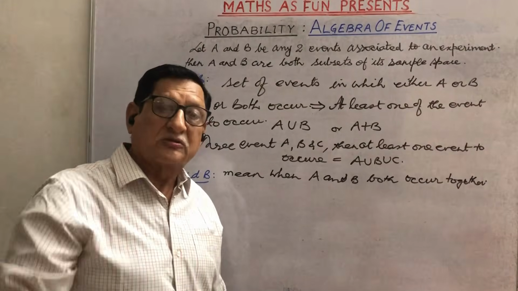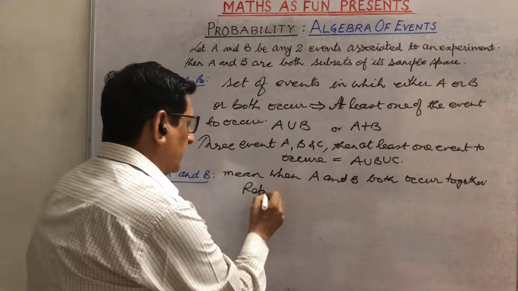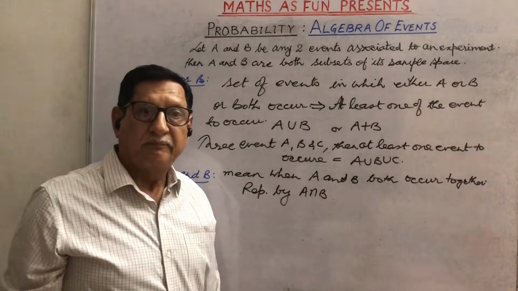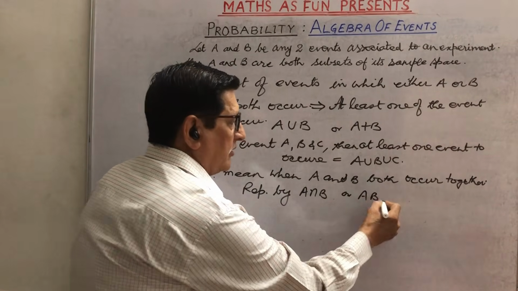A occurs and also B occurs. This is represented by A intersection B, or sometimes we represent it by AB.